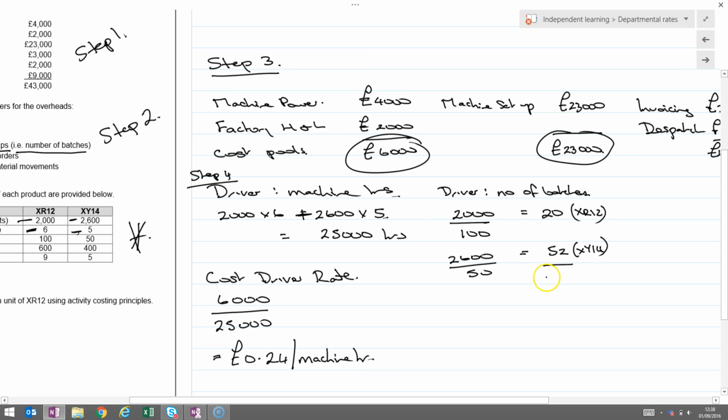So the total number of batches, 72. So now we can work out our cost driver rate, which is our cost pool, £23,000, divided by our cost driver, 72, gives us 319.44 per batch.